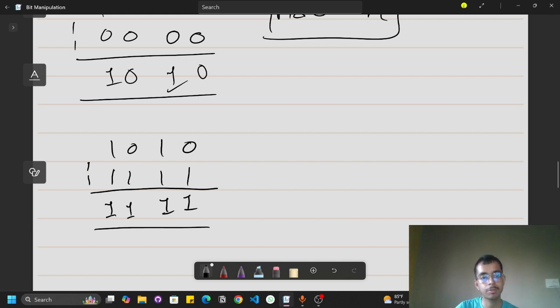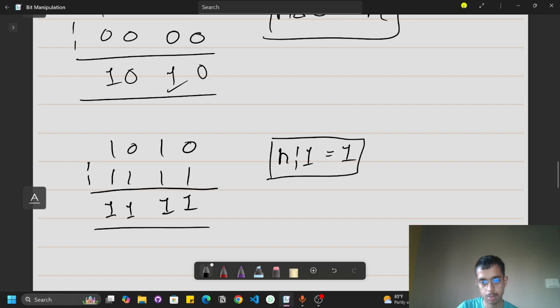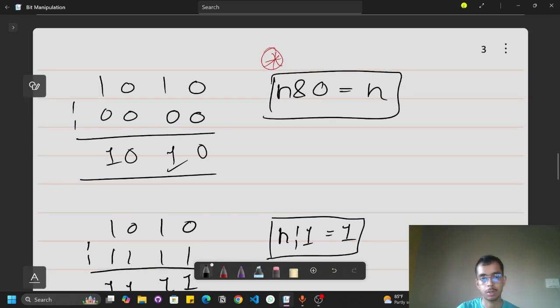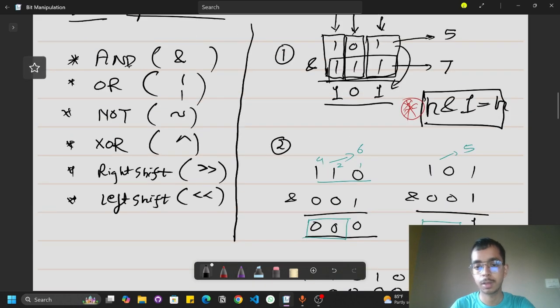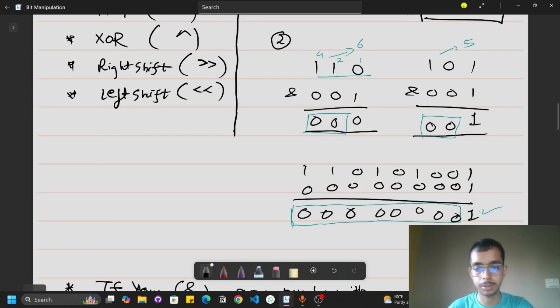So irrespective of the number, n OR 1, 1, 1, 1 is equal to all ones. Let's change this here. Let me get some space here.